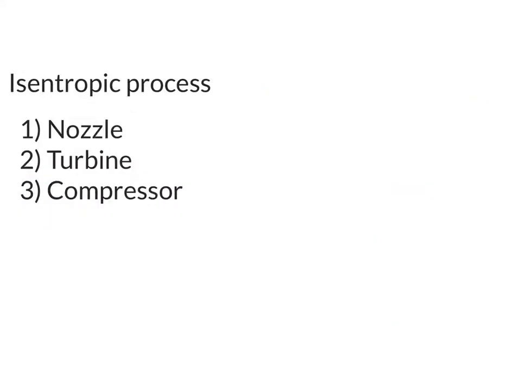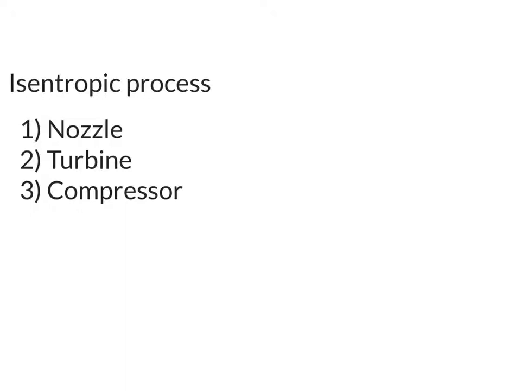In this isentropic process, we are going to focus on these three devices, which are your nozzle, turbine and compressor, because from this onward, the chapter will be on the application part, where you are going to have a steam power plant in the next module, and in another module a gas turbine plant.